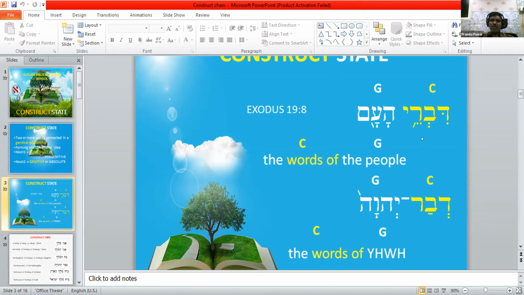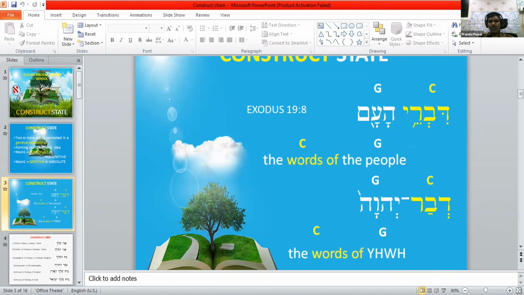Now, can anyone tell me if davar is the masculine singular word, what is the masculine plural form? Devarim. So when you put that devarim in construct state, the hirek and mem sofit will go and sere yod will come at the end.